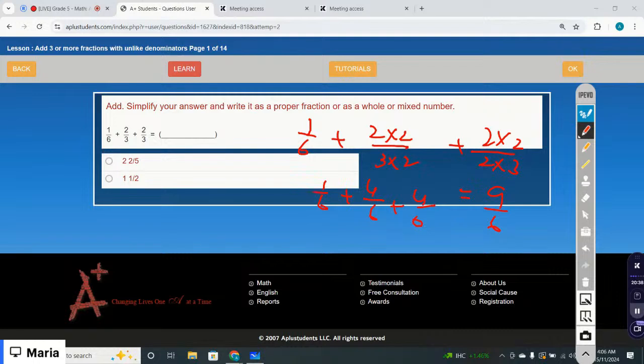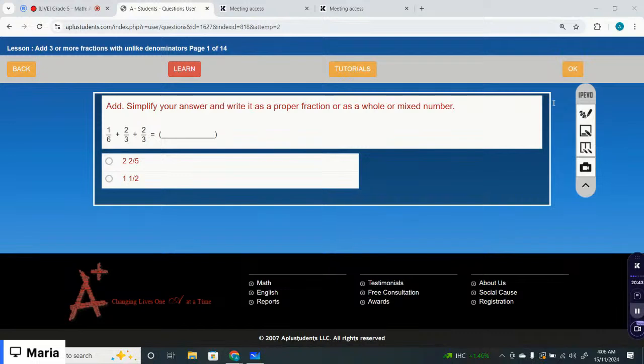The correct option is 9 over 6, or you can simply divide, that is 1 whole 1 over 2. Option number 2 is the correct option. Got it?